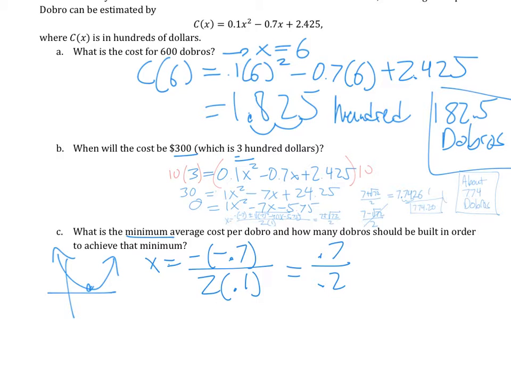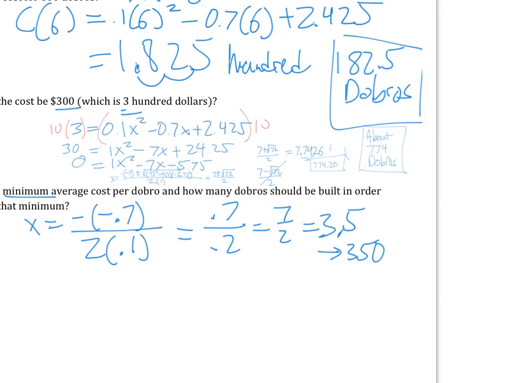Let's multiply top and bottom by 10, and that comes out to be 7 over 2, which is 3.5. So when x is 3.5, we have our vertex. So the question is, what is the average cost and at how many dobros? So x here is 3.5, which is 350 dobros, because this is in hundreds.